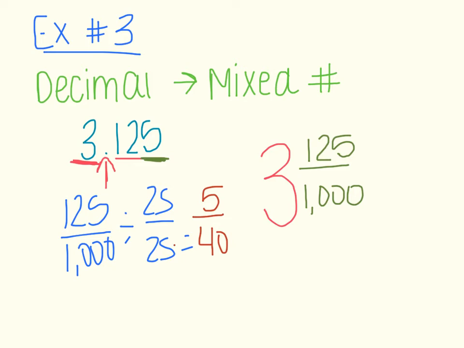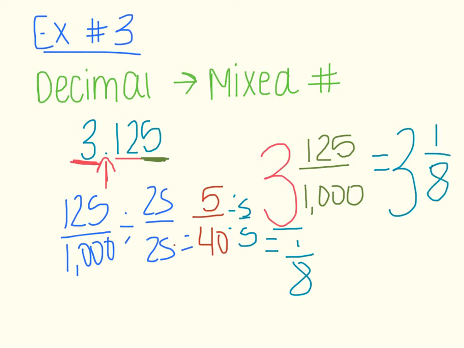Now I know 5 and 40 can both be divided by 5. 5 divided by 5 is 1, and 40 divided by 5 is 8. So I keep my whole number as 3, and now I reduced my fraction part to 1/8. So 3 1/8 is my answer.